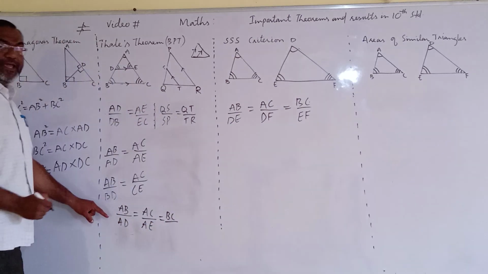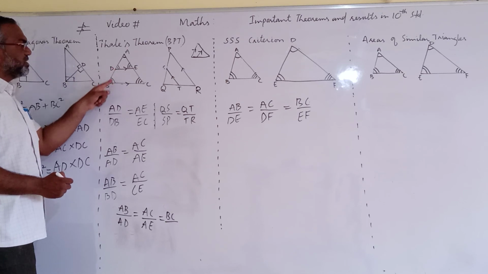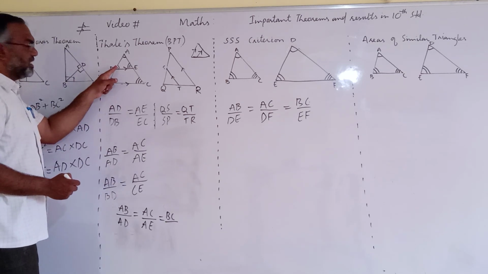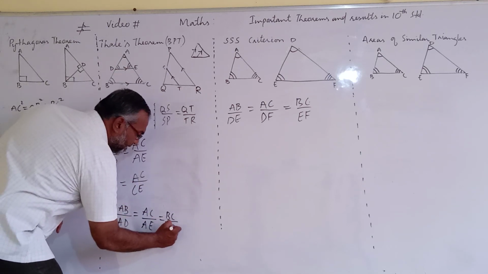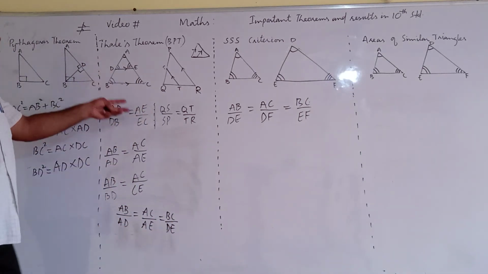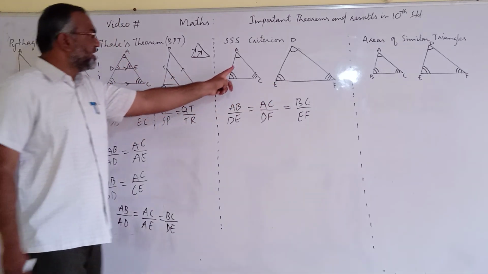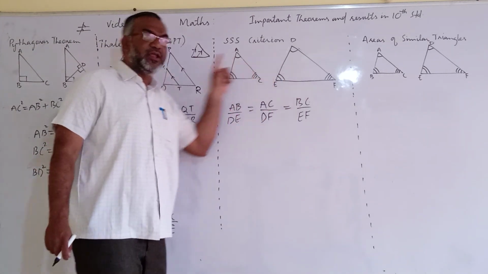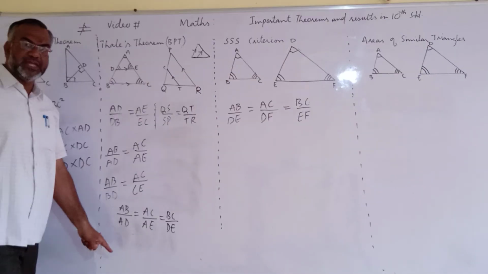BC divided by the corresponding side of BC, which is DE, because B is equal to D and C is equal to E. So the same result. The SSS criterion can be applied in this one. SSS criterion: two triangles that are equiangular. Here, when a parallel line is drawn also, we can apply this SSS criterion.